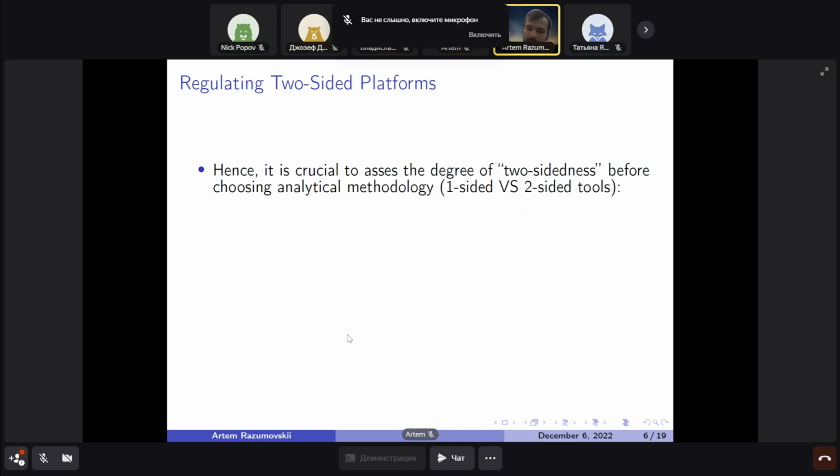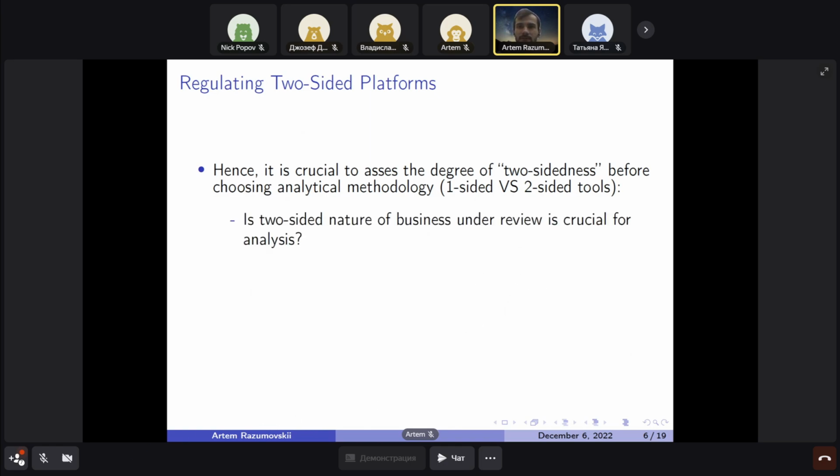Firstly, you need to ask yourself whether the market is two-sided or not, because then you will have network effects inside the group and across groups, intergroup and intragroup externalities.